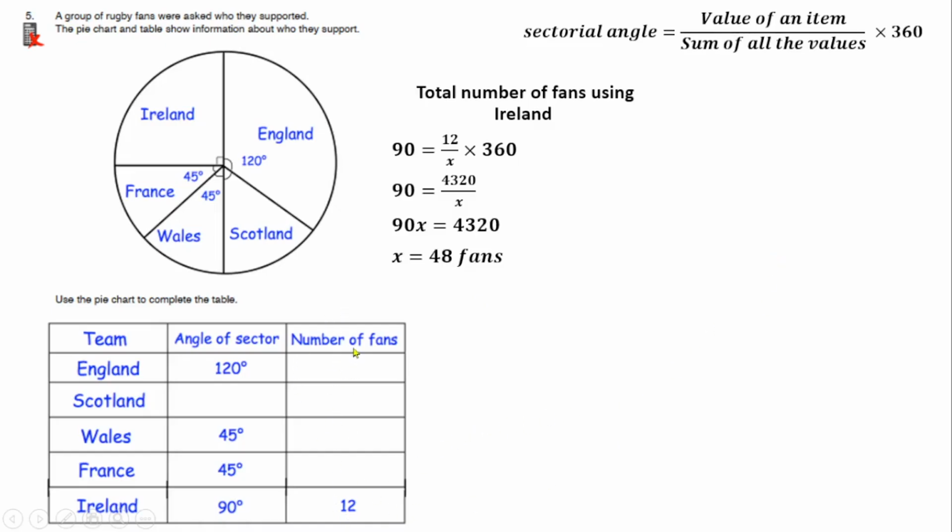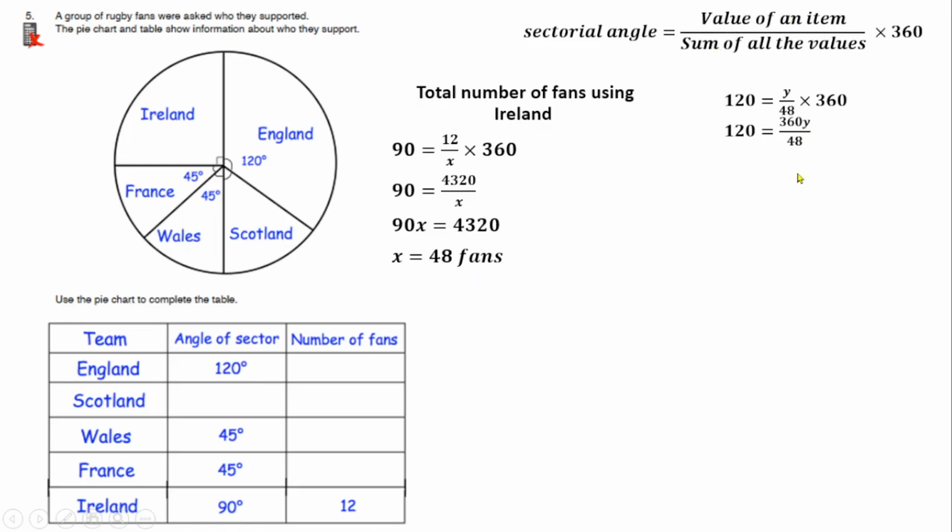Now that we know the total number of fans, we can use that to find whatever is missing. I will leave Scotland first. To get the number of fans in England, we use the sectorial angle, which is 120, equals the number of fans in England divided by 48, the sum of all the fans, times 360.